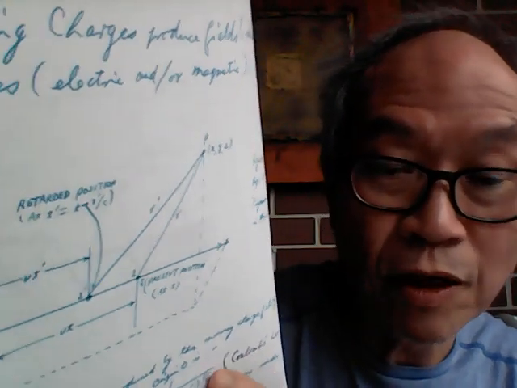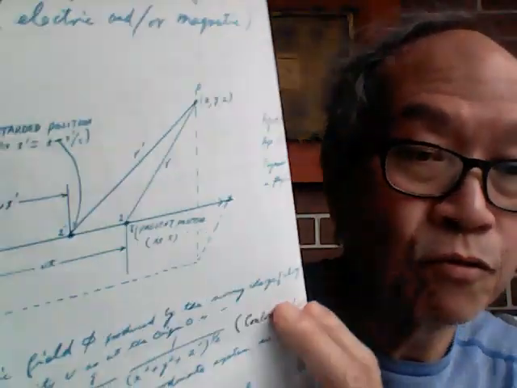That means the square root. This is just Coulomb's law. As we see, we're looking at this Q.